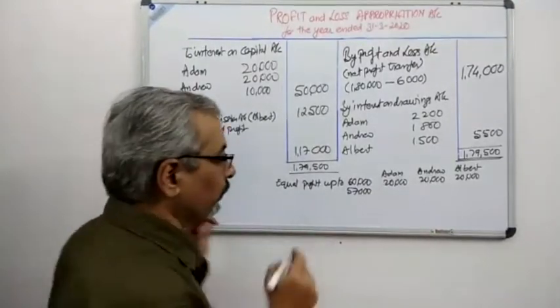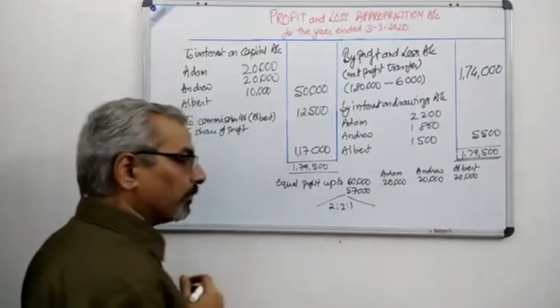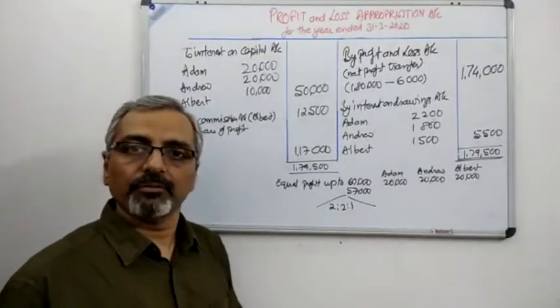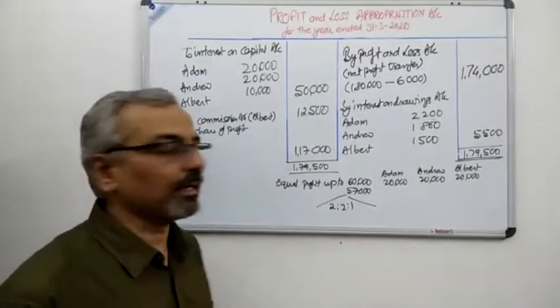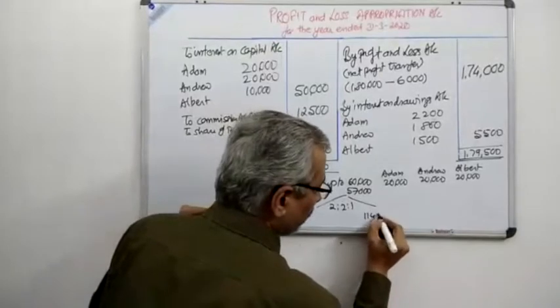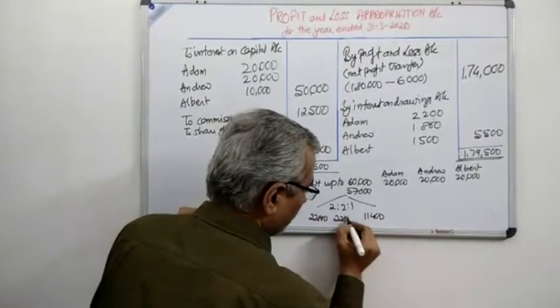Now 57,000 will be divided in the ratio of 2:2:1. That means 57,000 divided by 5. If I divide 57,000 by 5, I'll get 11,400. So 22,800 and 22,800.